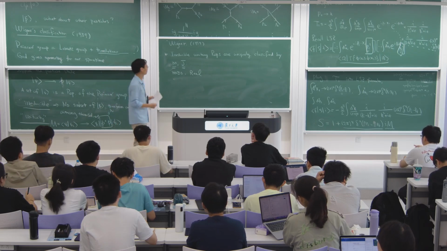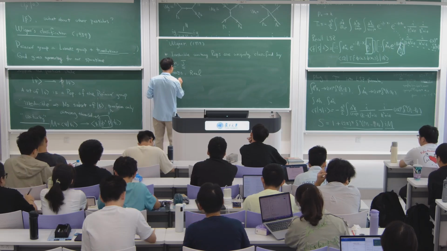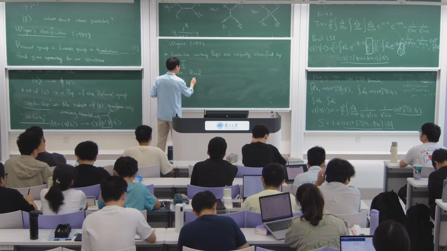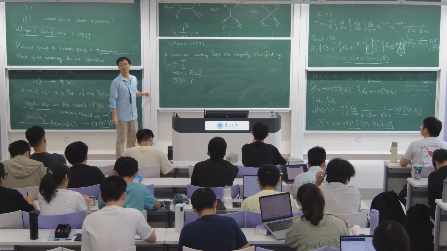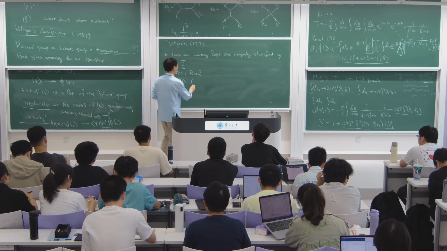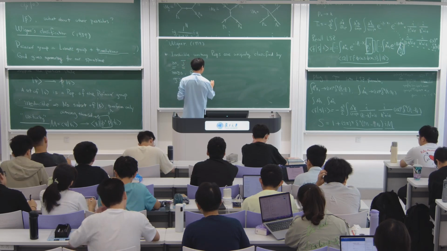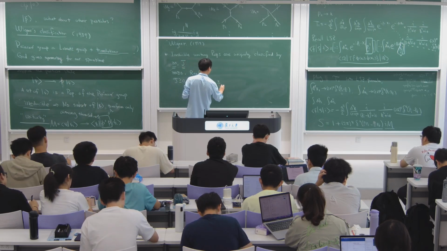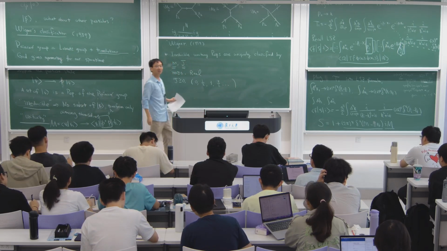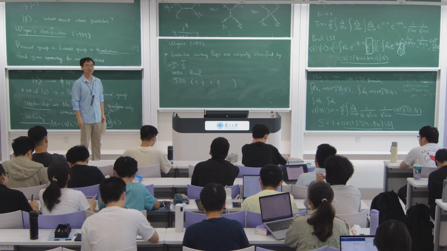So M is a non-negative real number, and J is also non-negative, but it has to be a half integer. Half integer means like 0, 1/2, 1, 3/2, and so on. It can only take values in this set. This is for J.